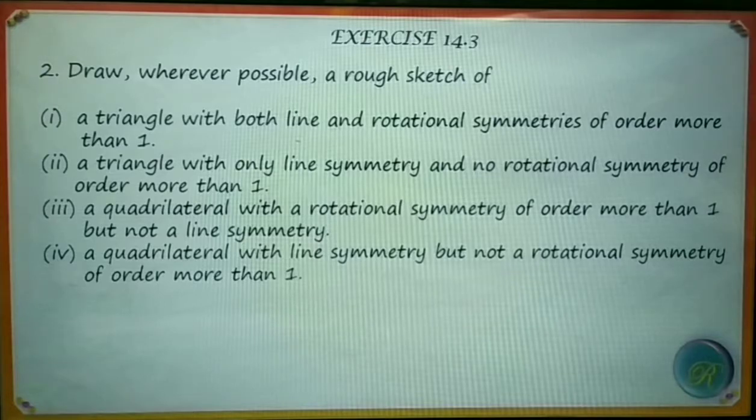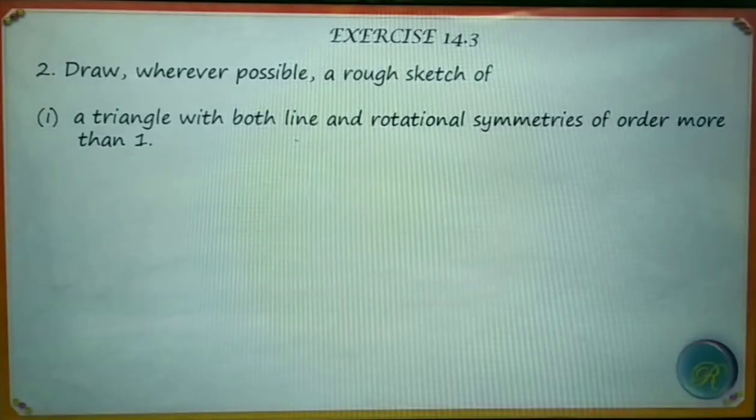Third, a quadrilateral with a rotational symmetry of order more than 1 but not a line symmetry. Fourth, a quadrilateral with a line symmetry but not a rotational symmetry of order more than 1.